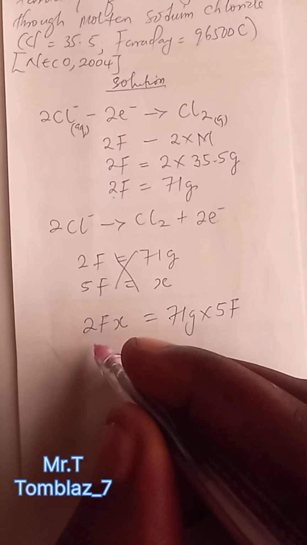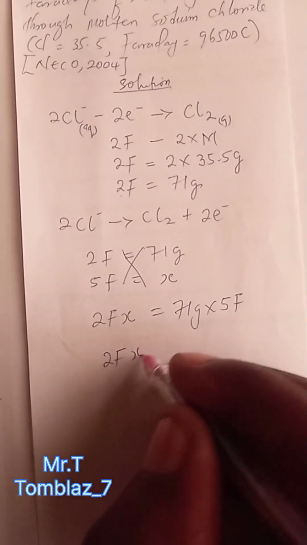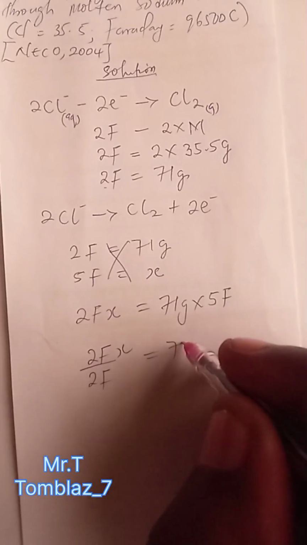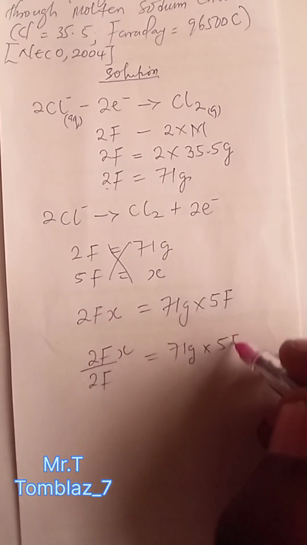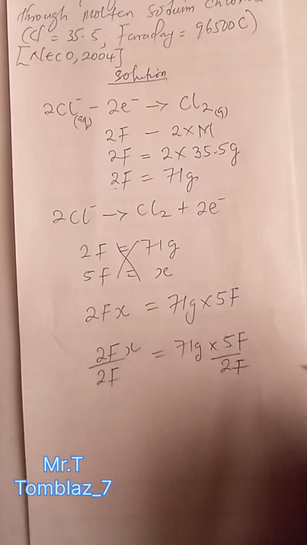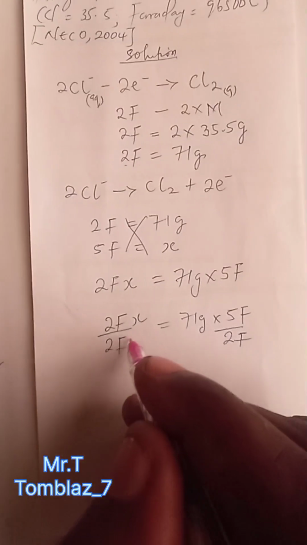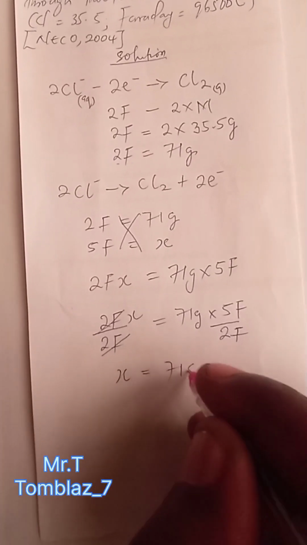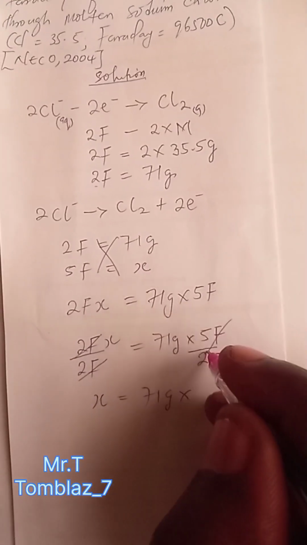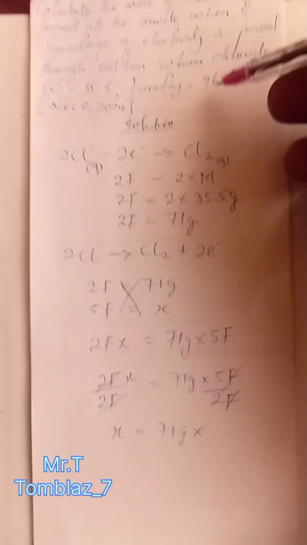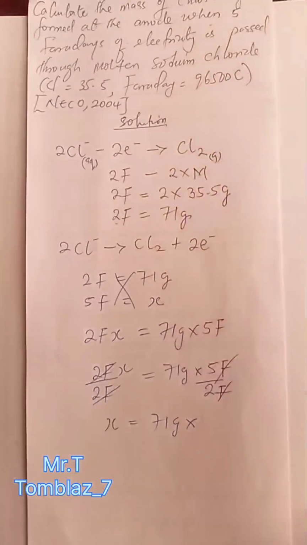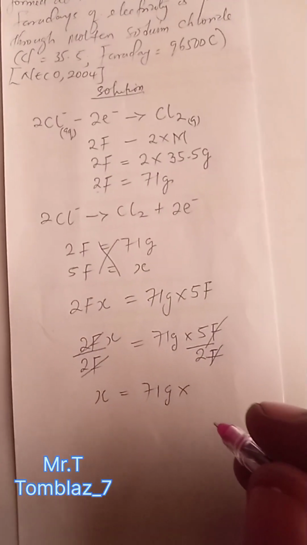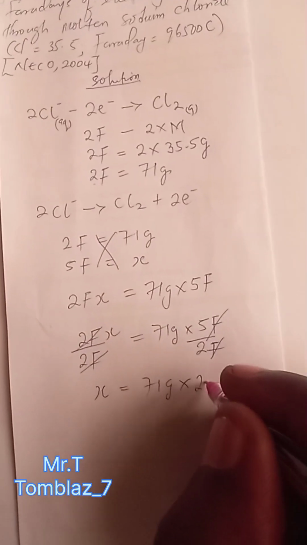So here we divide both sides by 2F to be left with x, and here we have 71 grams times 5F divided by 2F. So this will eliminate this, and x equals 71 grams times 5 over 2. The F cancels the F, because even if you put them as 96,500 coulombs, they will still cancel each other, so there is no need to repeat it over and over again.